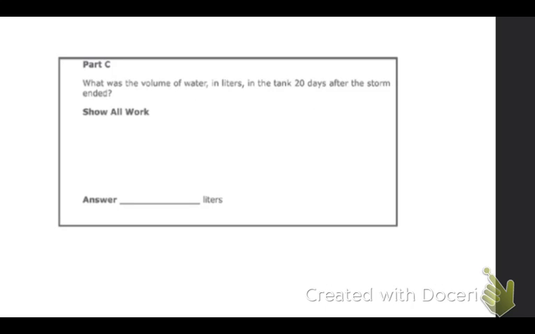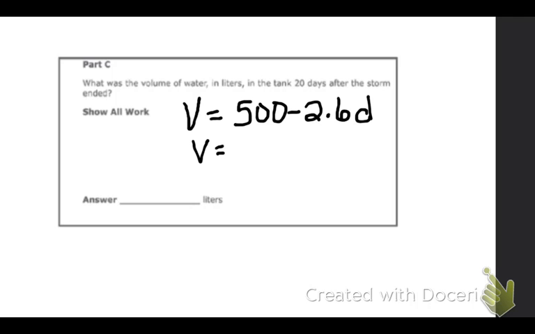What is the volume of water in the tank 20 days after the storm ended? So you always go back to your equation that you wrote. This is what's neat about an equation in the real world. You just set up an equation and you're all set to answer any situational questions. So we know it's 20. So the volume equals, we're going to take out our handy dandy calculator here, minus 2.6 in a day 20.